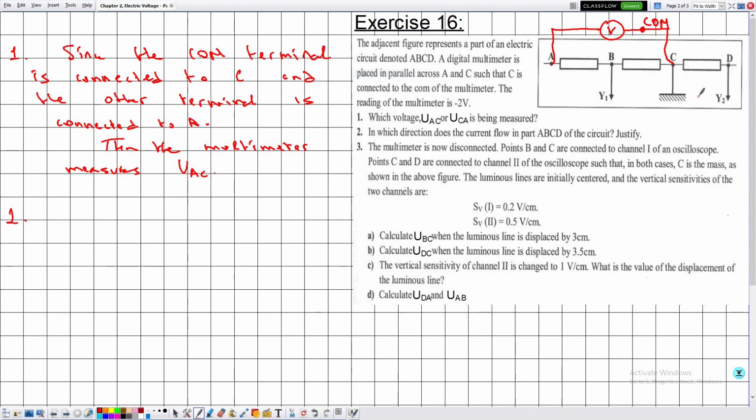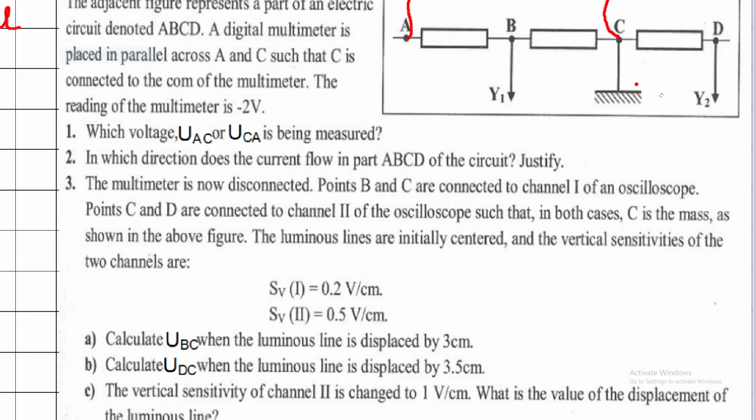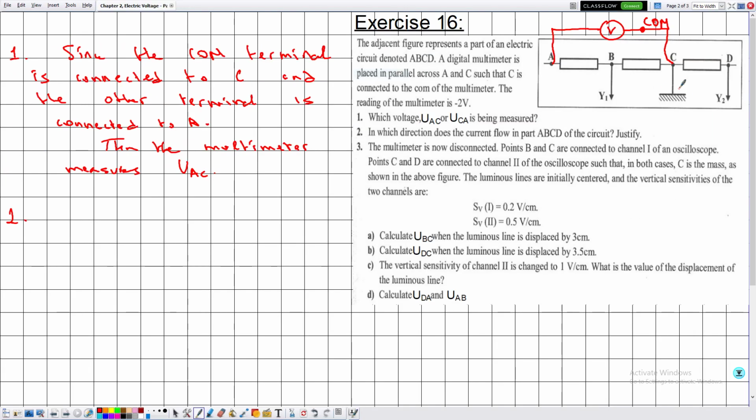Now in number 2 they are telling me in which direction does the current flow in part ABCD of the circuit. So in order to determine the direction of the flow of the current, we need to determine which point is considered to be higher potential. So notice that here, because the voltmeter is measuring UAC, the value of UAC is equal to minus 2 volts. The trick in this type of exercise is always to label the voltage on the electric circuit in addition to their names.